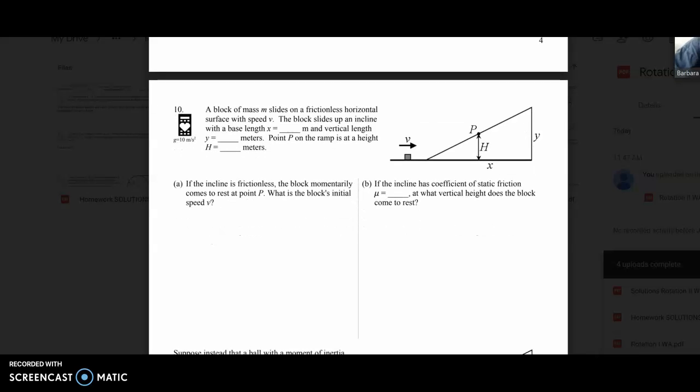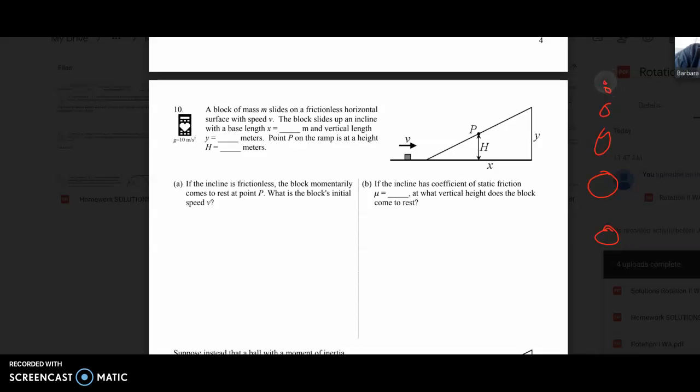If we move on to 10, if the incline is frictionless, the block slides on a frictionless surface, it slides up. Oh, okay. So this problem is like throwing an apple up in the air. It's slow, slow, slow. If I do a motion map, it would be like this.